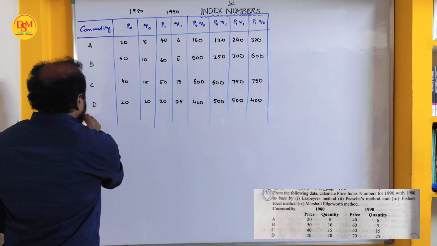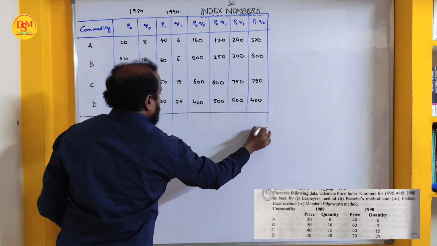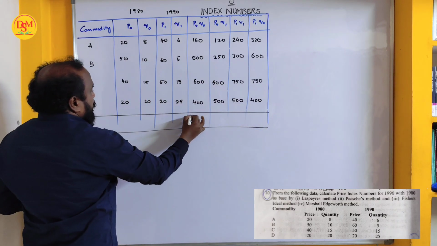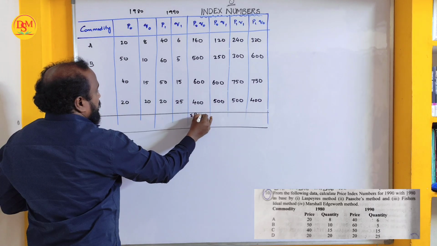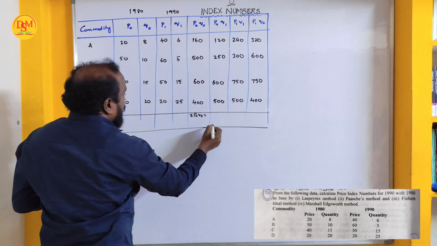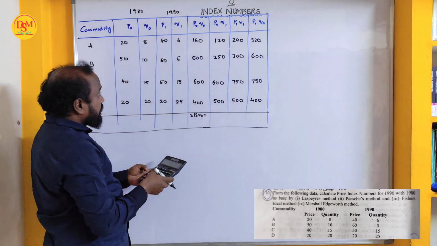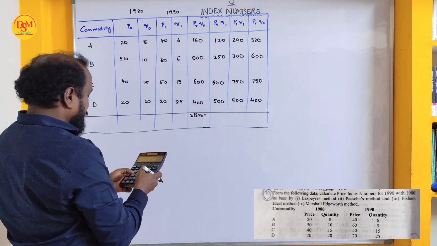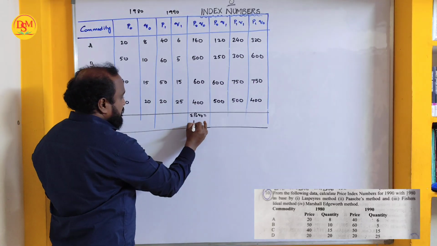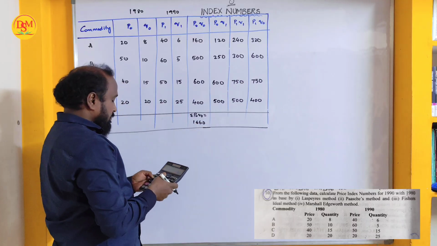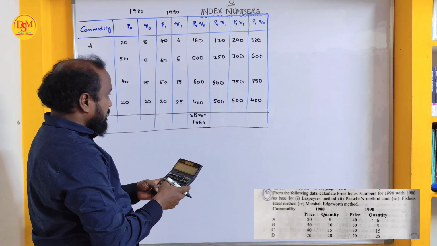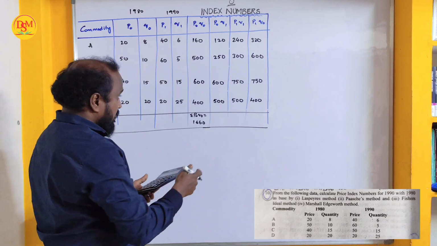Now let's total this. The total of P0 Q0 is 160 plus 500 plus 600 plus 400, it is 1660. Next is 120 plus 250 plus 600 plus 500.